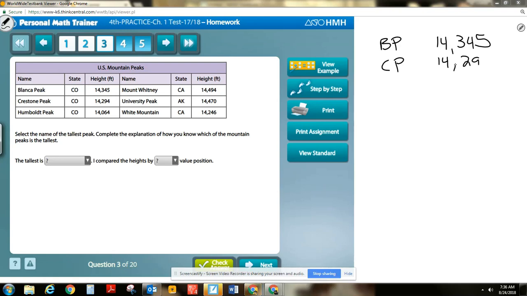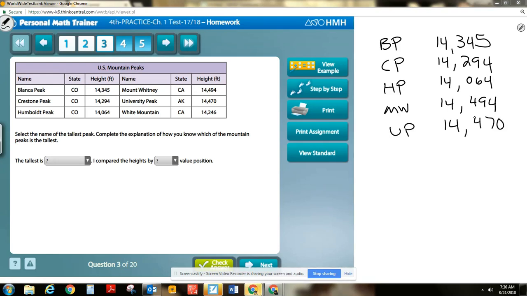Make sure that when you're rewriting your numbers, you are lining up your place value. You notice my commas are dipping below the line, that they're all lined up. Mount Whitney is 14,494. University Peak, 14,470.